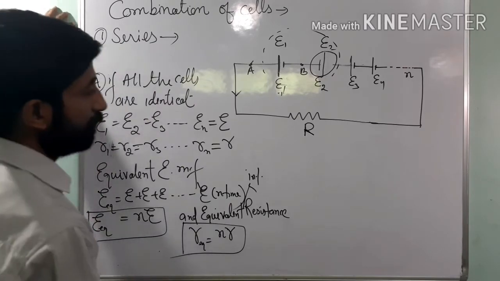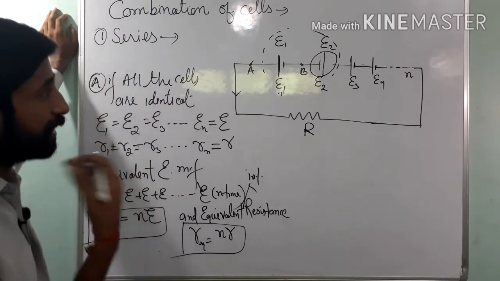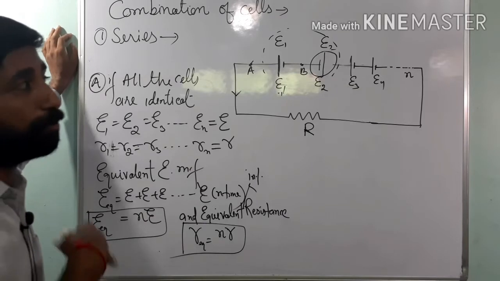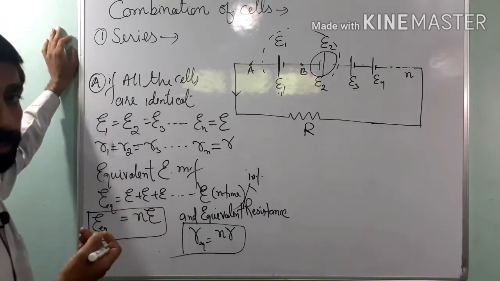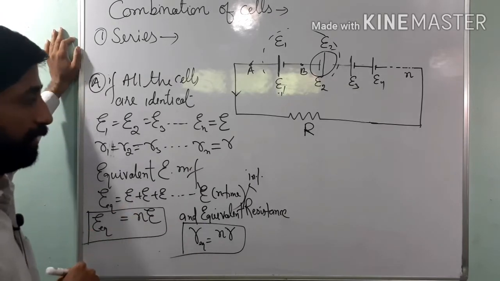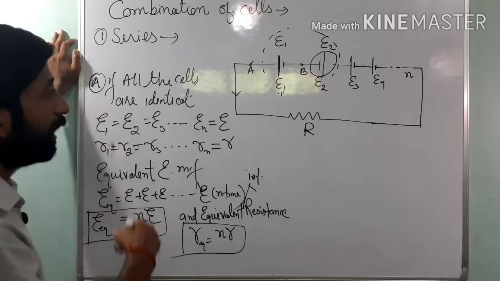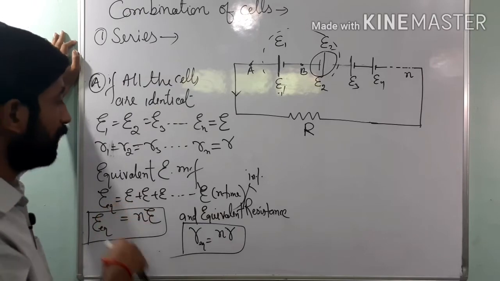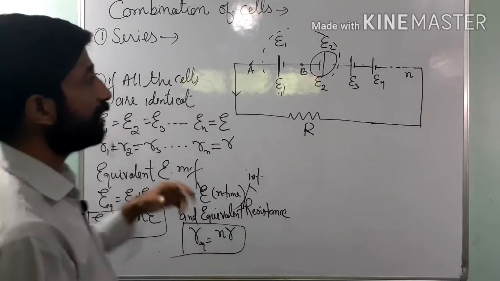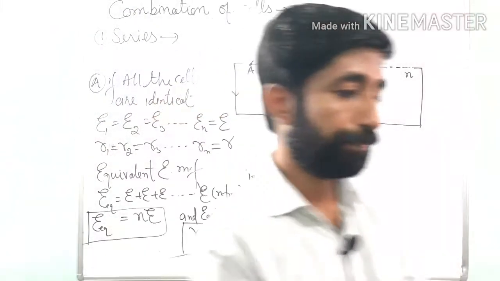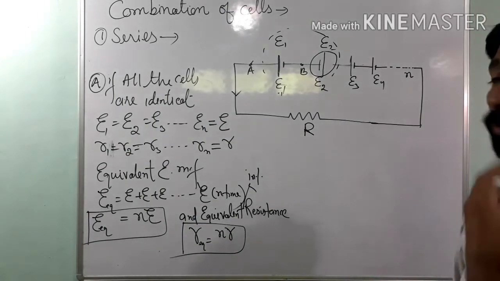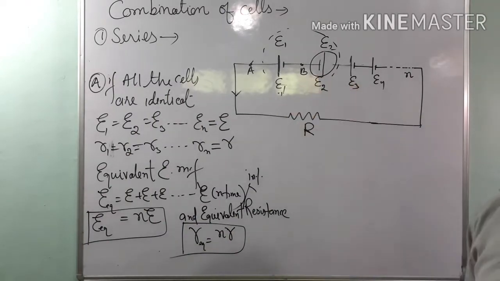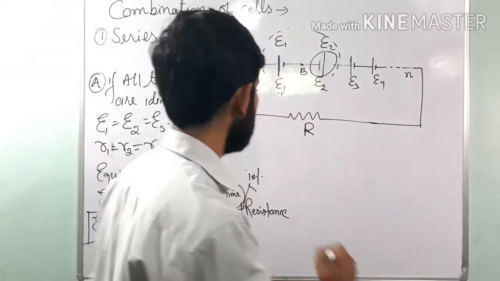Now let's discuss what is the need of series combination, and in which case we should apply series combination and not parallel combination. For that, if the cells are identical, I am taking this case only, not different. If the cells are identical, then in what way should I connect them? In what way and when should I connect series combination? Let's discuss that.